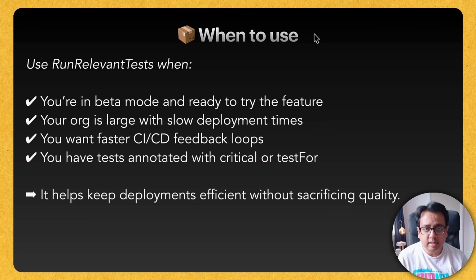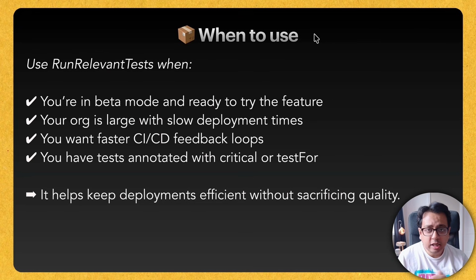So if you want to get faster CI/CD feedback, then this is one option. And you are trying to mark some tests which are annotated with critical and test for. So if these are the four scenarios, then you definitely should use the run relevant tests. So it helps keep deployment efficient without sacrificing the quality. That's very important. Efficient deployment without sacrificing the code quality. That's where the run relevant test is so important.